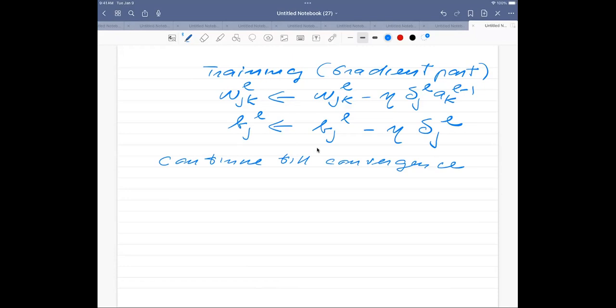Now, what you see here is that everything is delicately dependent on the derivative of the activation function. So the training stops if the gradients are 0. So you don't want gradients to be 0. You don't want them to vanish. But you also don't want them to explode, because that will also mess up the training process.